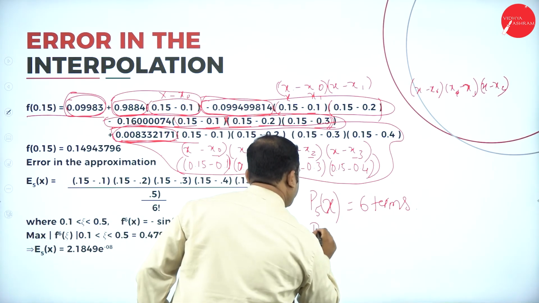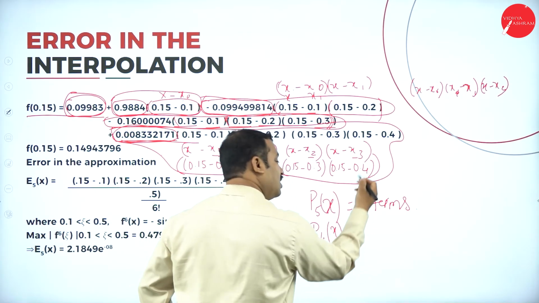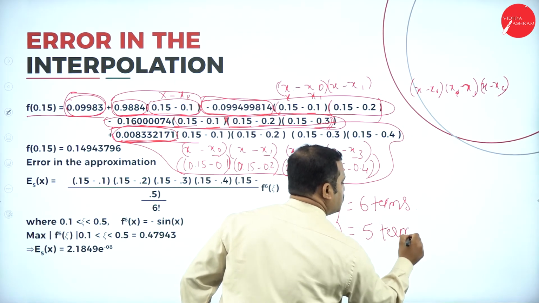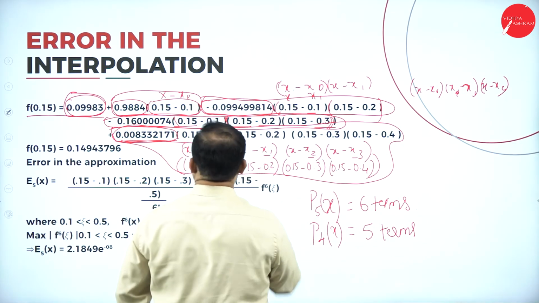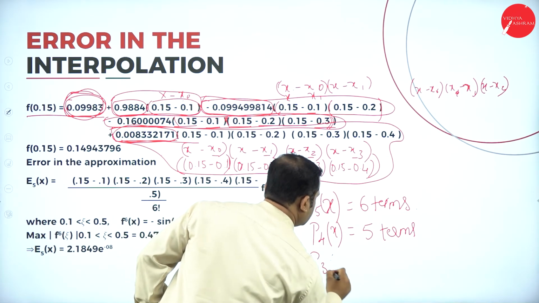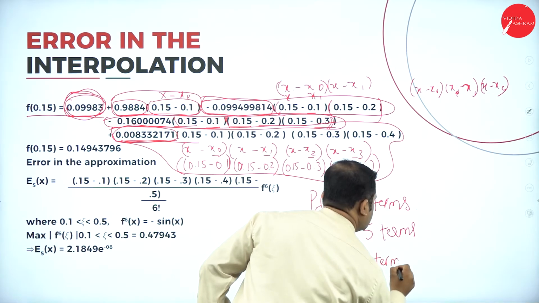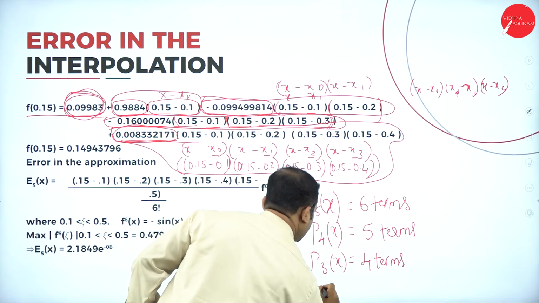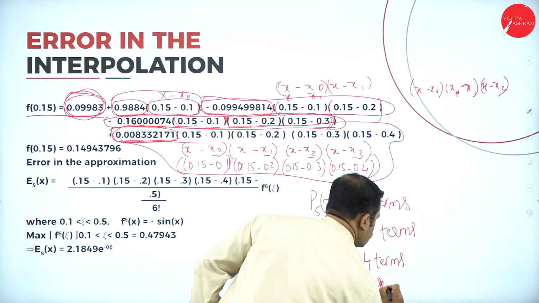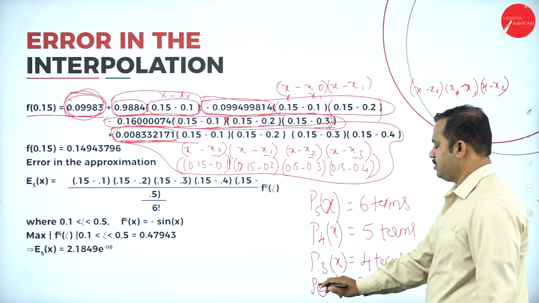Suppose there is P4, the 4th degree polynomial, P4 of x, then how many terms must be there? 5 terms, which includes even the constant, that is this first value. P3 of x, the 3rd degree polynomial, has 4 terms. So on like that, P2 of x will have 3 terms, because it is a 2nd degree polynomial.